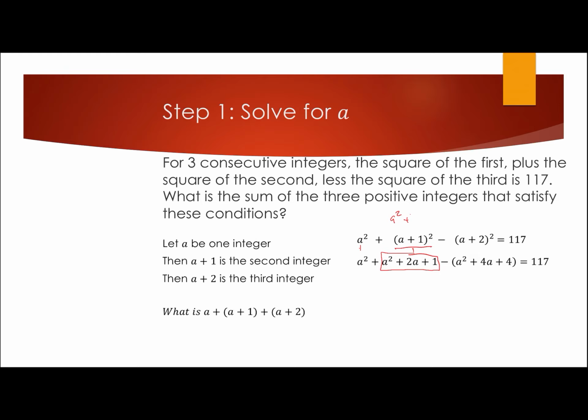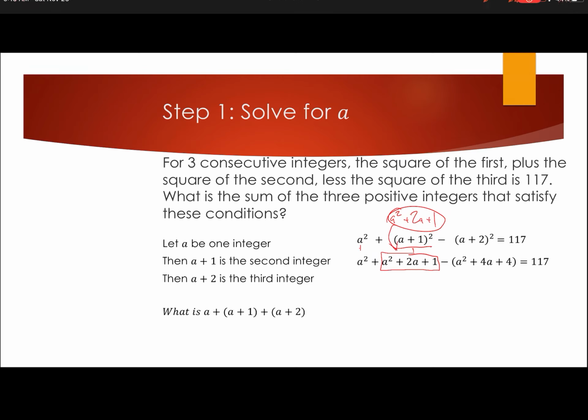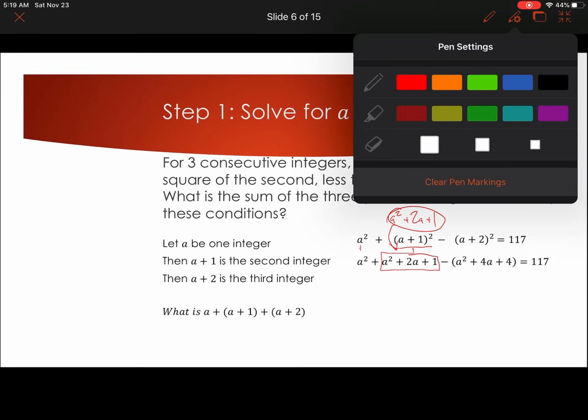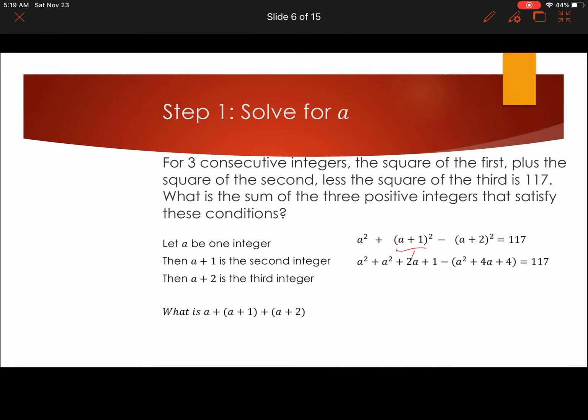So that's equal to the square of the first plus 2 times a times 1 is 2a plus the square of the second. And that's how we got this. So we know that that came from there. This came from here. And of course, this is the same thing.